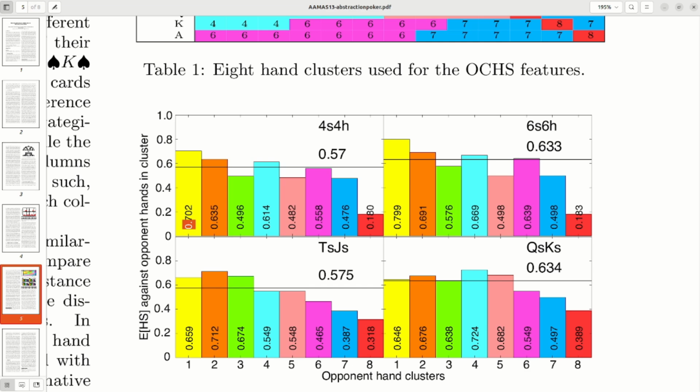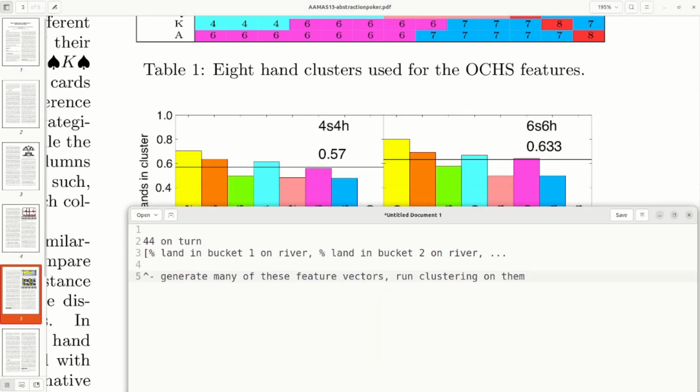So the first element in your feature vector for pocket fours on the turn is going to be the probability that you land in bucket 1 on the river, and the second element is going to be the probability you end up in bucket 2, etc.